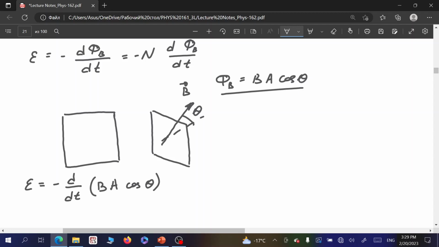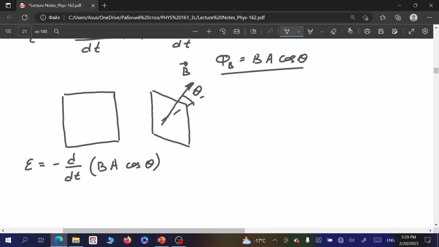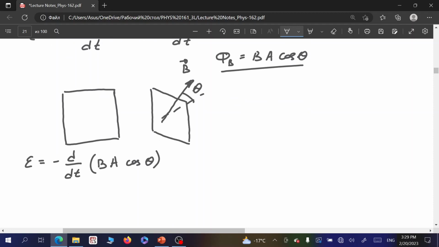And now let us discuss what can be the reason for the magnetic field flux through these wire loops to change over time. So what can change here over time?